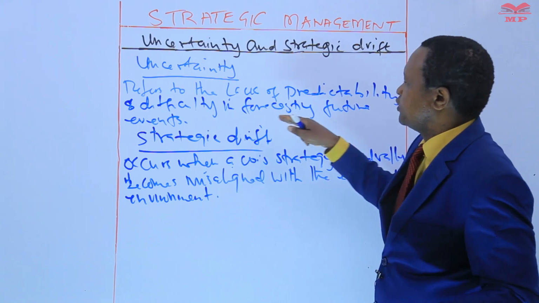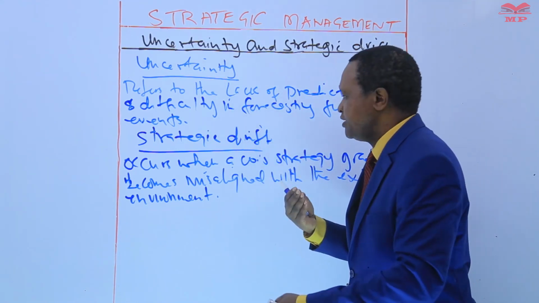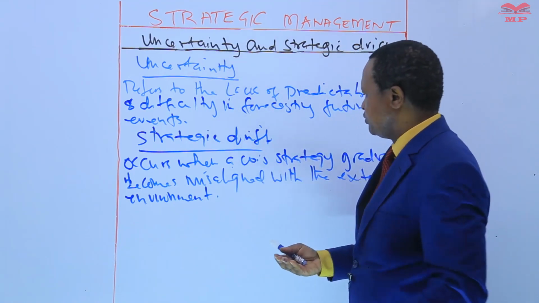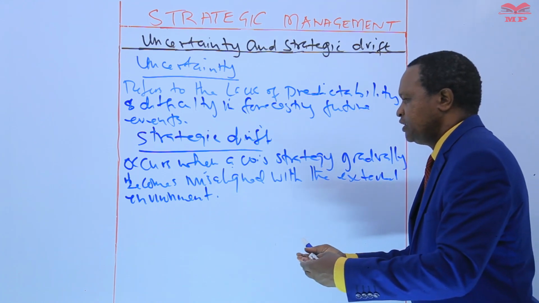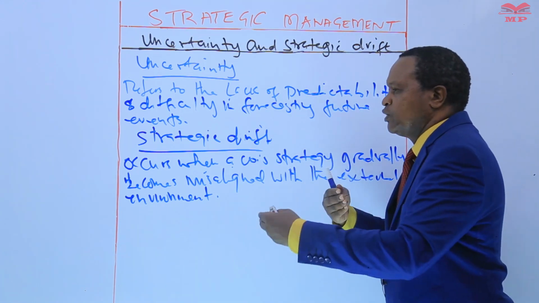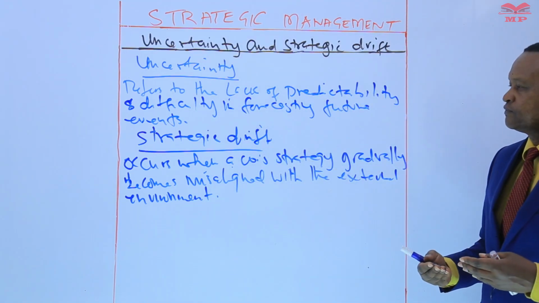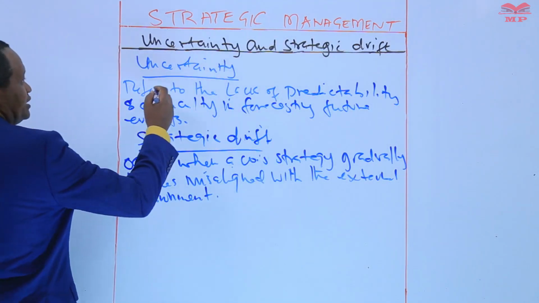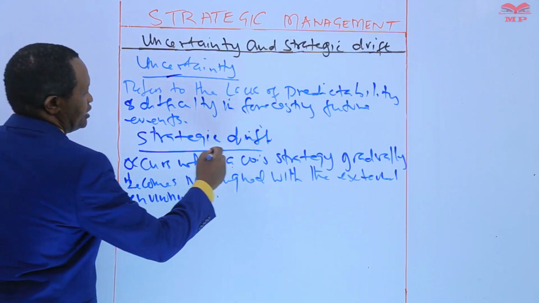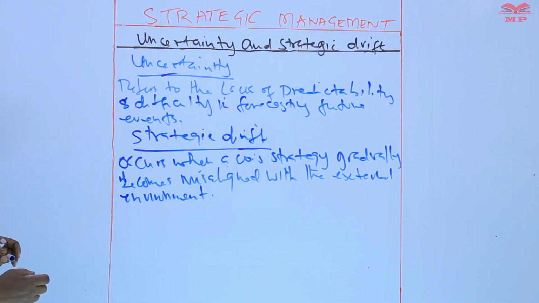When a company fails to forecast future events, then when these events happen, the company is caught unaware and becomes unable to align its strategy with the external environment, which is continuously changing. So that is the relationship between uncertainty and strategic drift. So that is strategic drift.